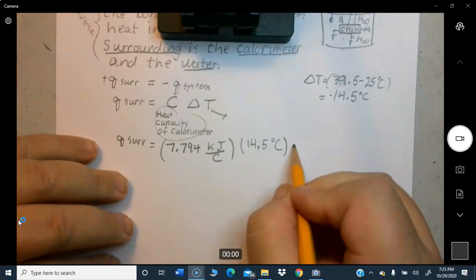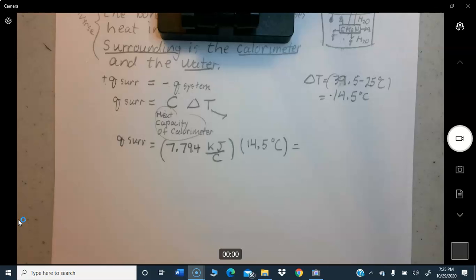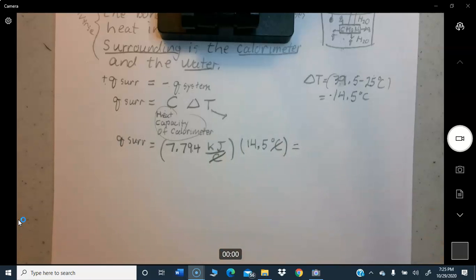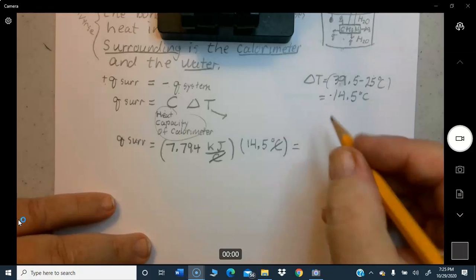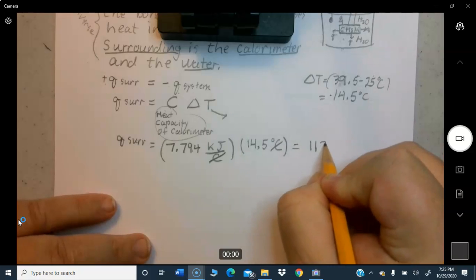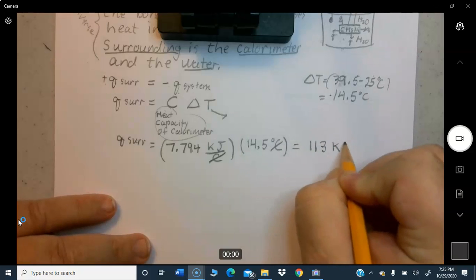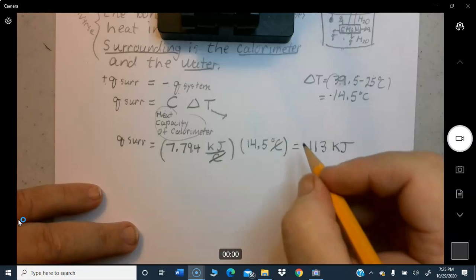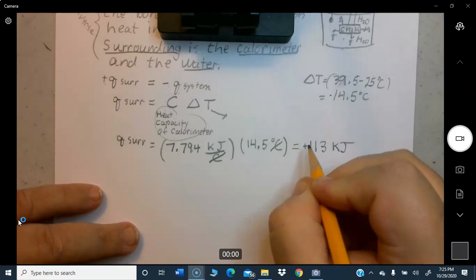All right, so we just compute that. Cancel our units. Centigrade cancels. So our units are going to be in kilojoules this time, not joules. All right, and we get 113. And that's what went into the surroundings.